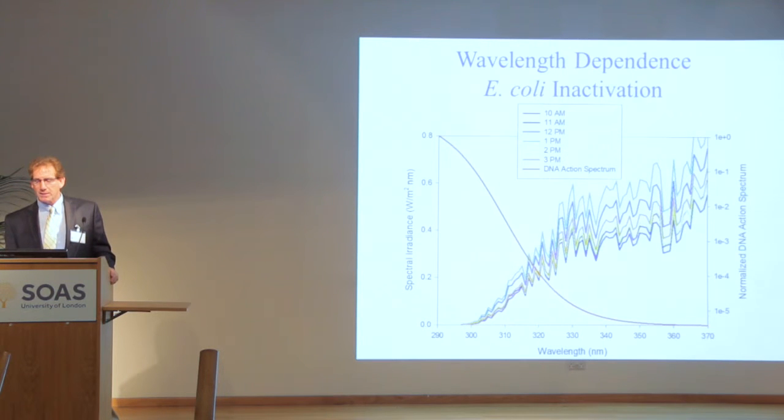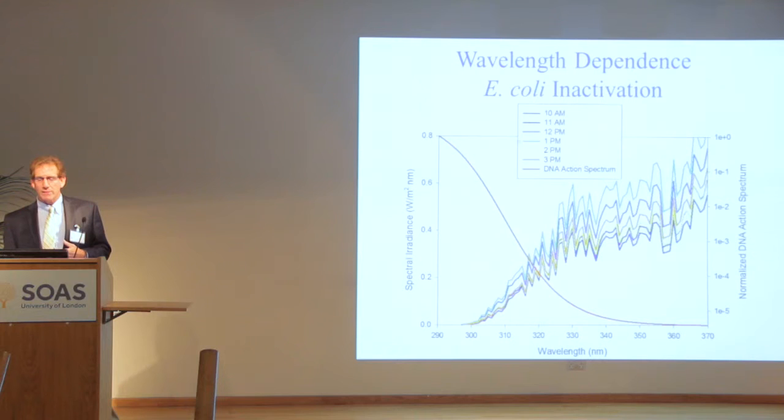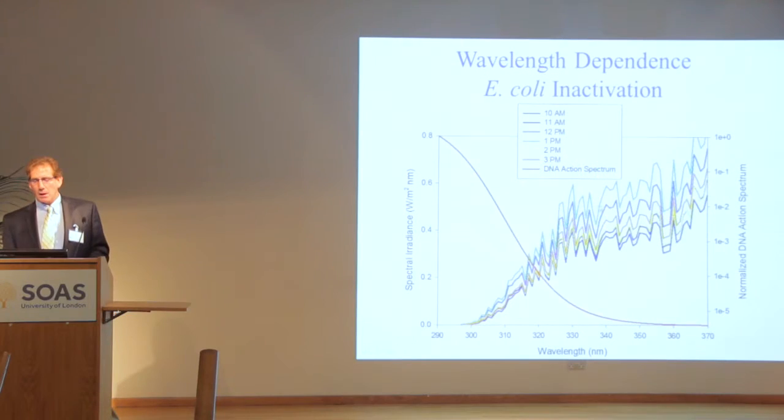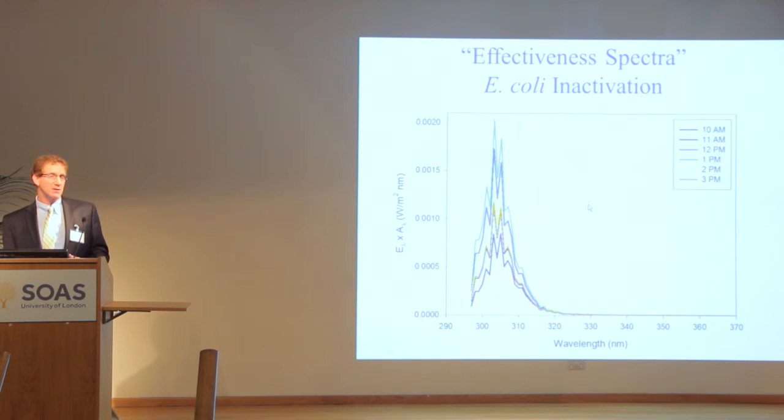A couple other aspects of the system that we now understand and that we're continuing to explore are the wavelengths that are particularly important in terms of accomplishing microbial inactivation. Here, on the same graph, I've superimposed that same DNA action spectrum that I showed you before and several spectra of radiation which were measured on the days of experiments that we conducted using one of the prototypes. If you multiply those two things together, you get what's called an effectiveness spectrum.